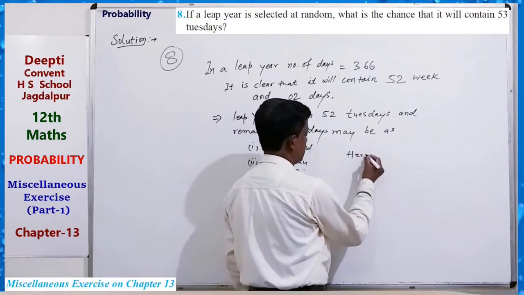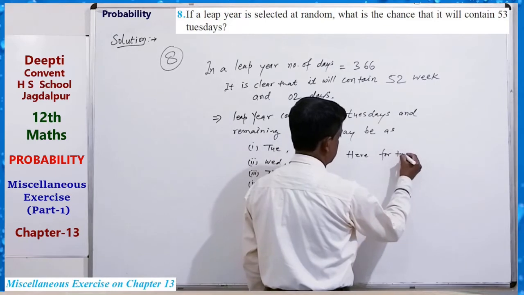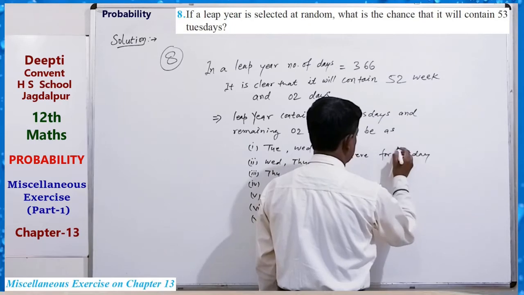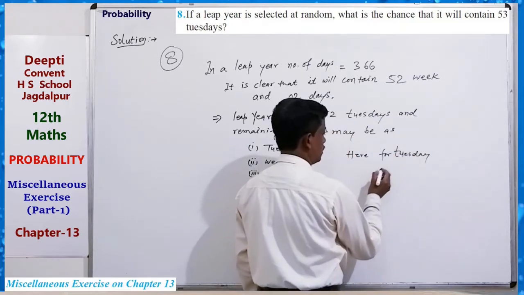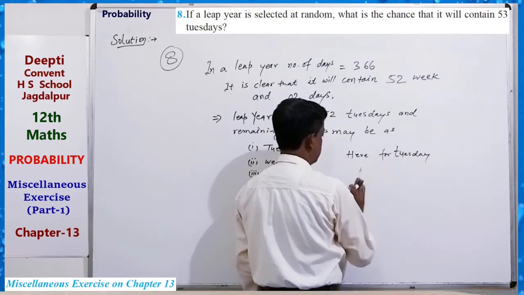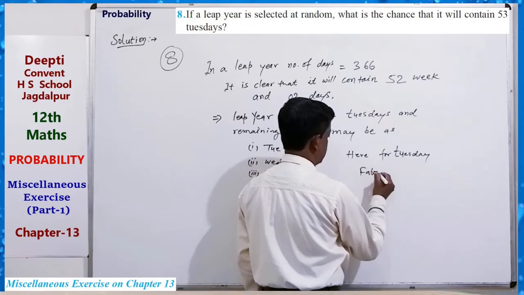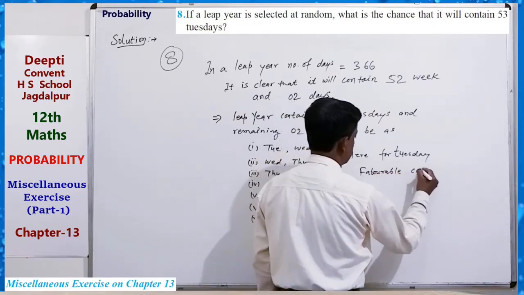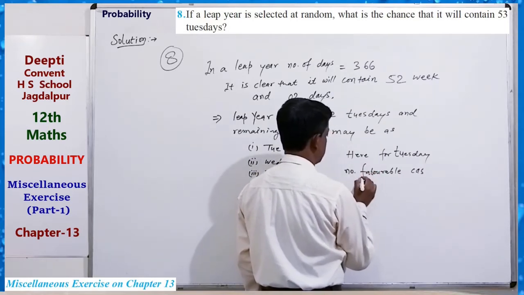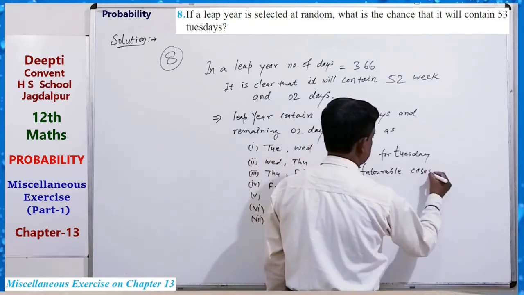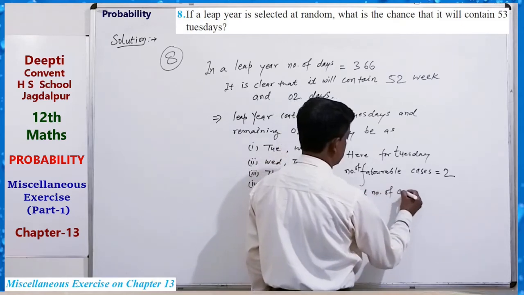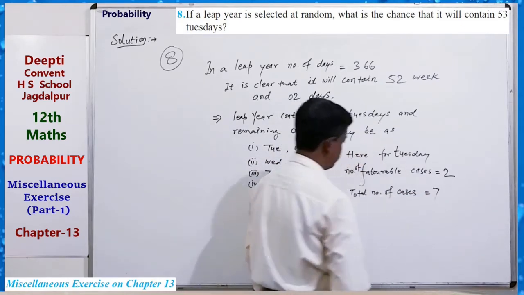The number of favorable cases is 2 and the total number of cases is 7.